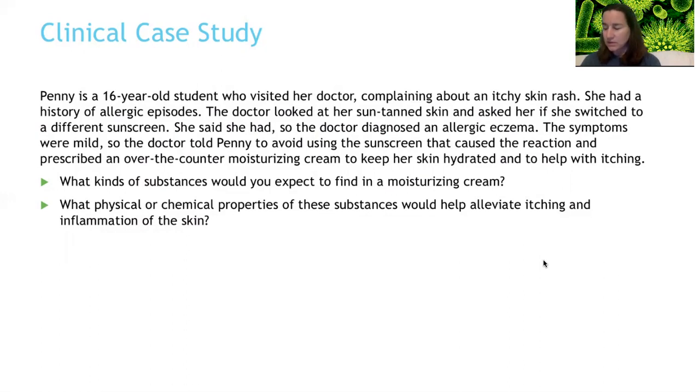So the doctor said that she's just allergic to her sunscreen. She's got eczema going on. He said to stop using that sunscreen, and gave her an over the counter cream to help with the itching. We'll check and see how Penny's rash is doing, and hopefully it will get better, but we're going to keep going.